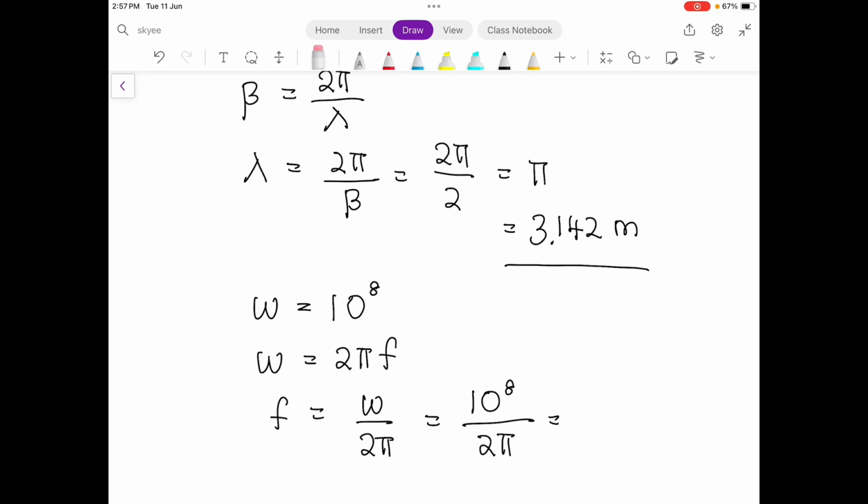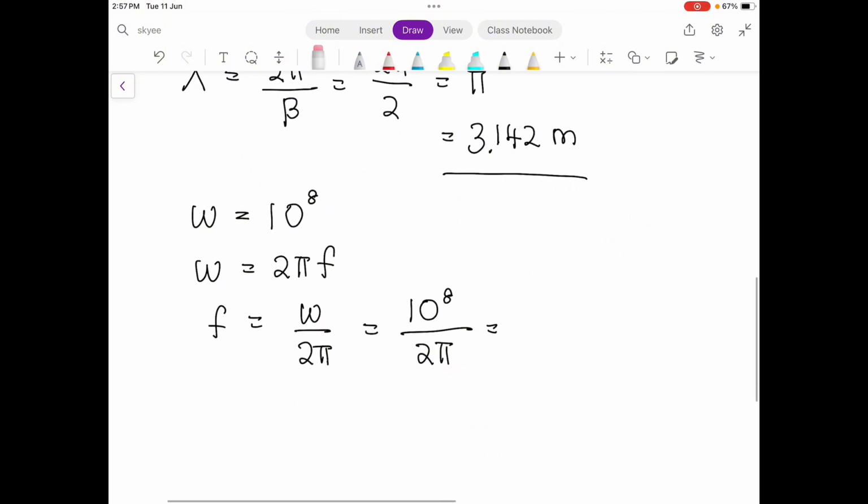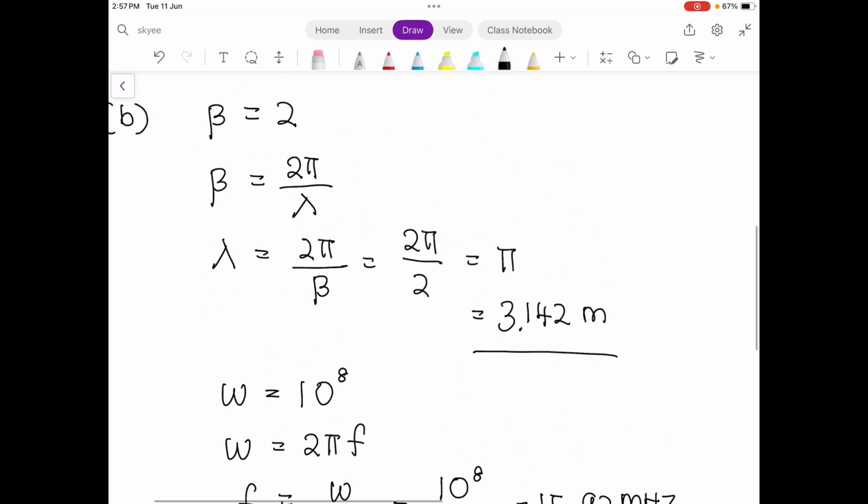So it's 10 power 8 divided by 2 pi. This is 15.92 megahertz. So this is the operating frequency of this sinusoidal waveform.